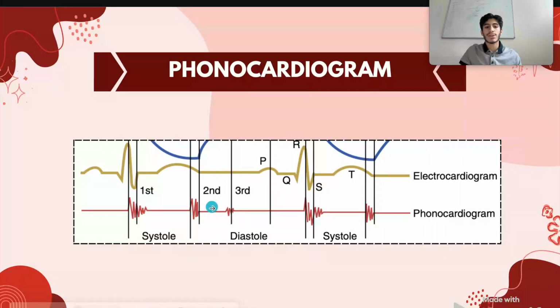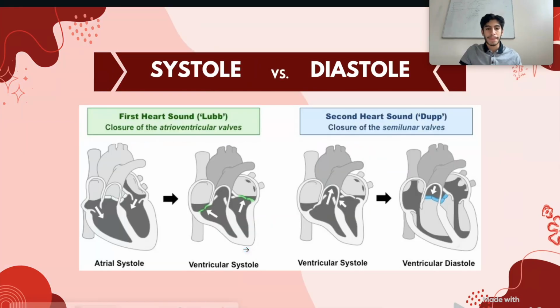Then there's also another sound here, and this is the closure of the pulmonary and the aortic valves. When they snap back, this is the other sound. The other sounds are going to be mentioned in another lecture. These are the main sounds. So it starts at the contraction, and then the start of the relaxation. Okay, and here it's going more in depth about them.